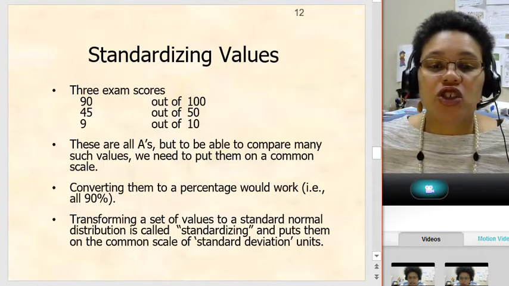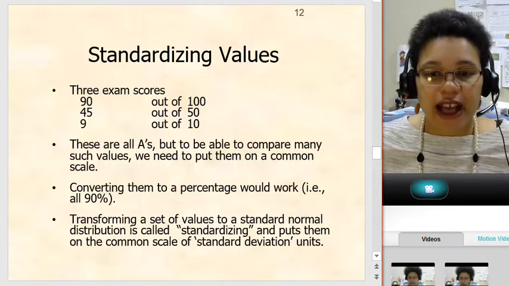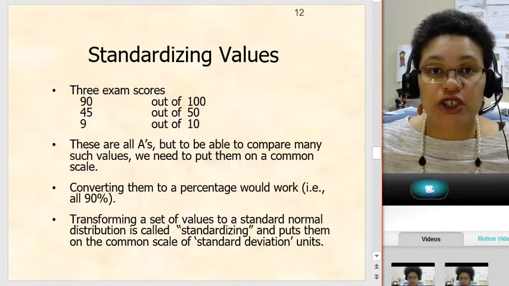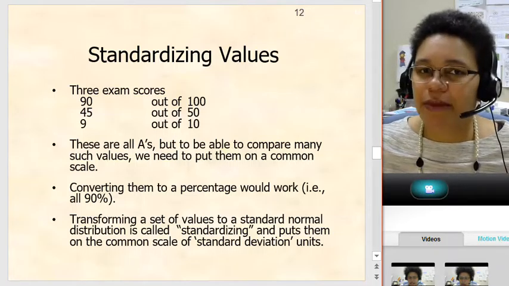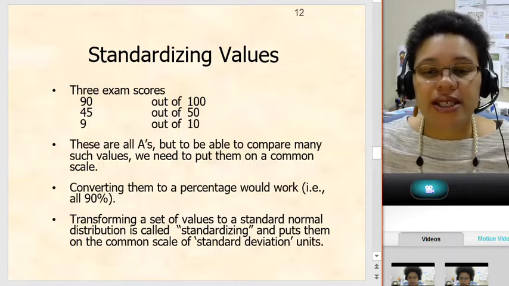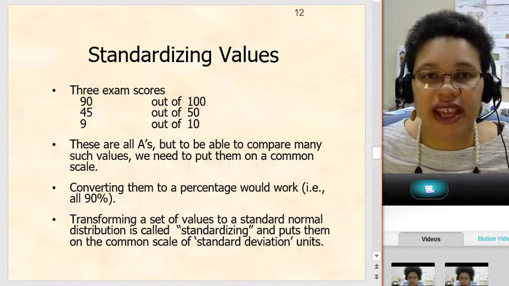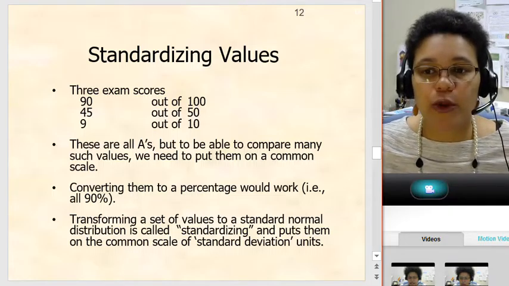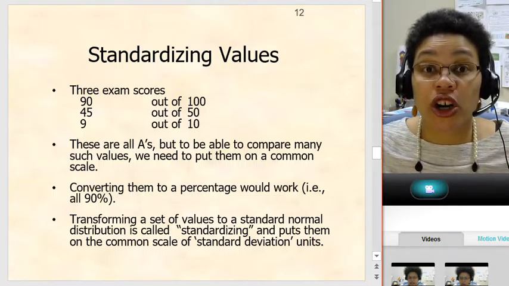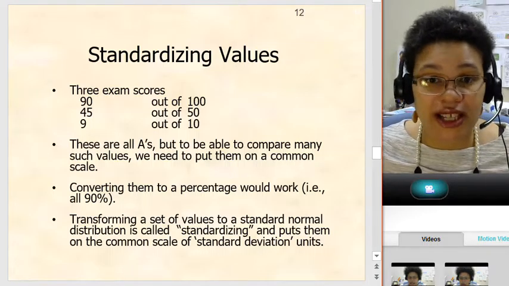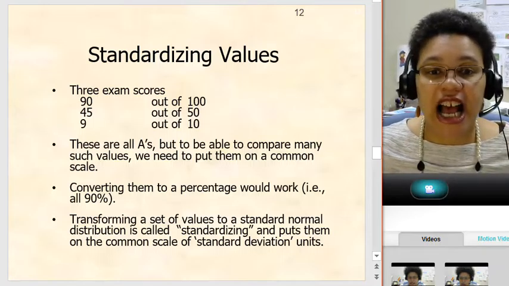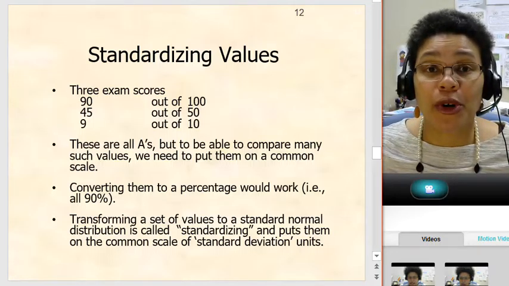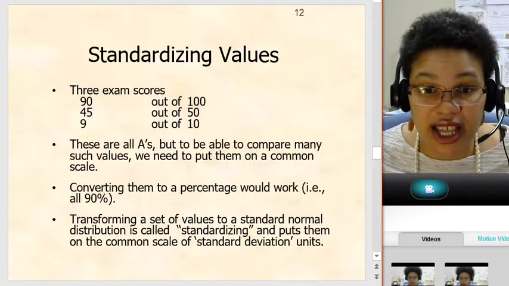Transforming a set of values to a standard normal distribution is what we do in statistics world. It's called standardizing. It's used a lot in measurement, okay? And it puts the measures on a common scale of standard deviation units. Okay, so now we're no longer in score. The unit is not how many points did the student earn. The unit is not what percent correct did the student get.